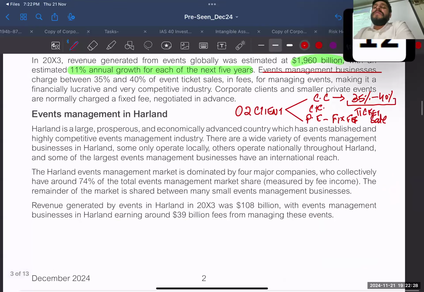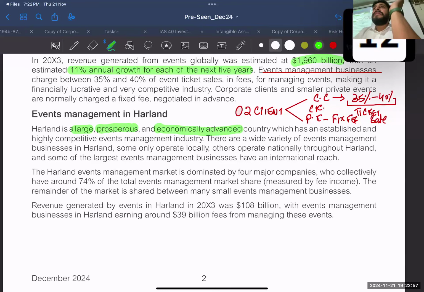Okay. So event management in Harlem. Harlem is a large, prosperous, and economically advanced country. It's something which is very important for us. It has established and highly competitive event management industries. Okay, so it means that the industry competition is going to be fierce.